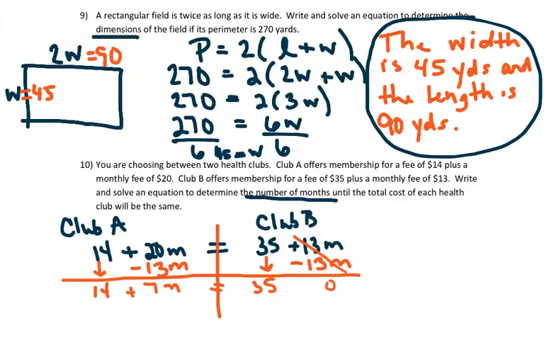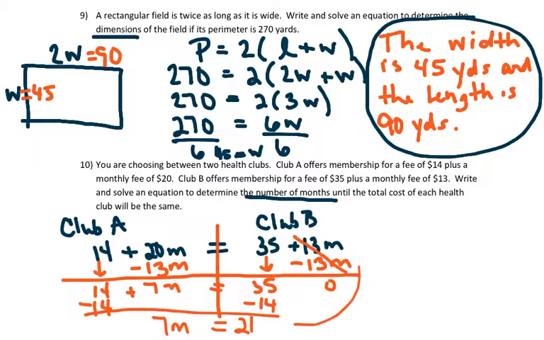Now I have a problem like we've done already on this worksheet. So we're going to subtract 14 from both sides now, and we get 7M equals 21, and then divide both sides by 7. I have run out of room on my screen here, so I'm going to bring it up here.